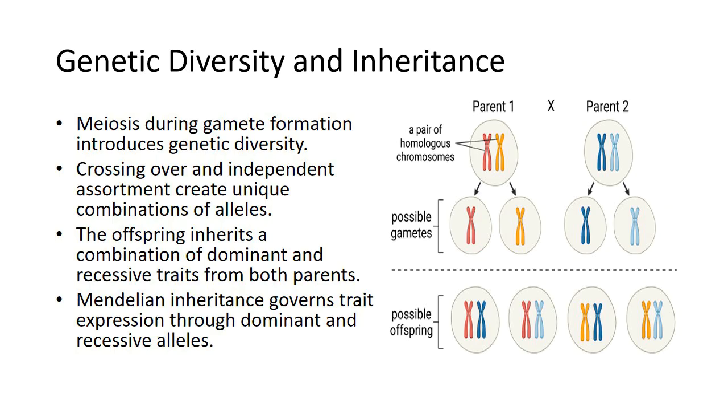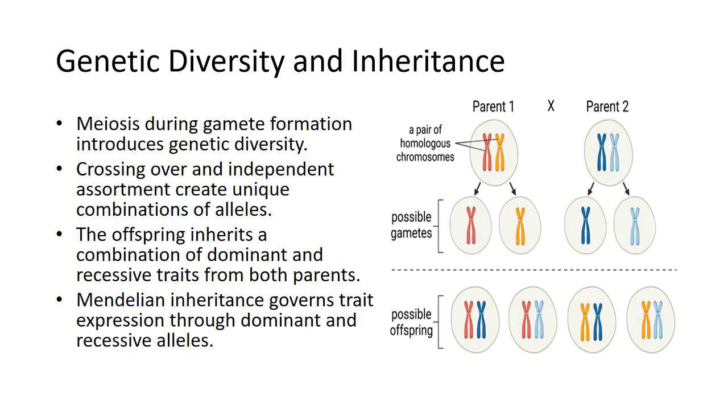The sperm that fertilizes the egg is selected randomly from millions of sperm, and the egg released during ovulation is also selected randomly from a pool of potential eggs. This randomness ensures that each fertilization event results in a unique combination of genes.